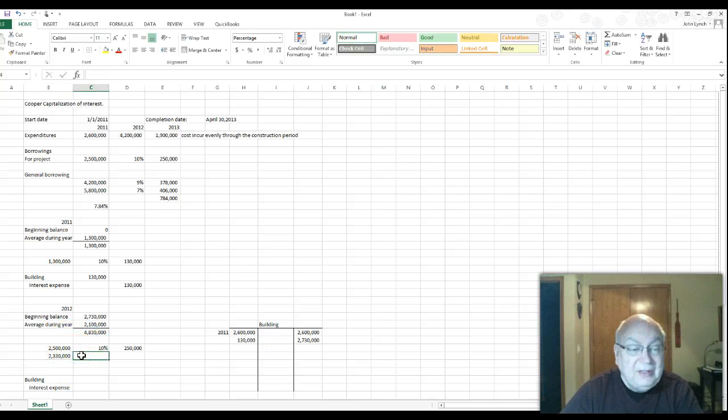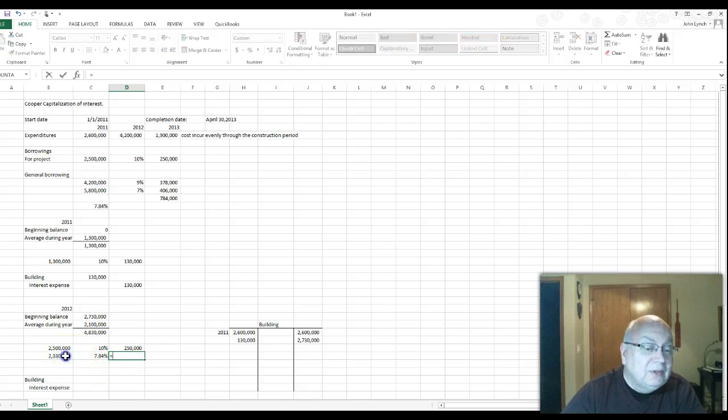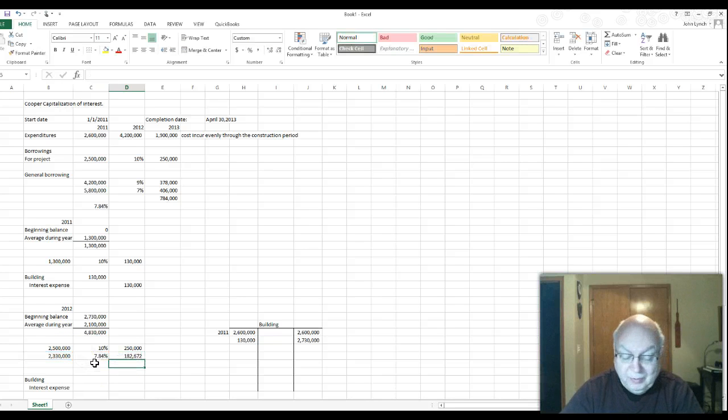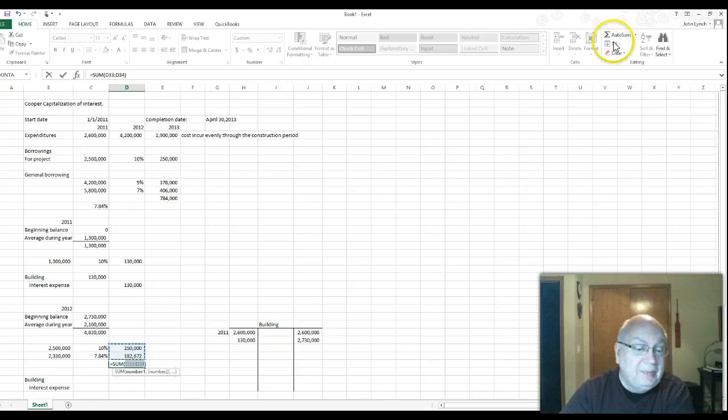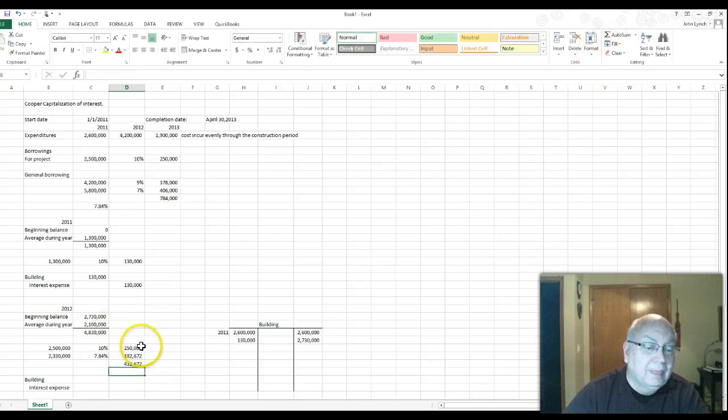Okay, and now the interest rate here will be the 7.84% that we calculated, and then this one will be the same calculation, equal to the 2,330,000 times the 7.84%, and then we add those up to get the totals there.